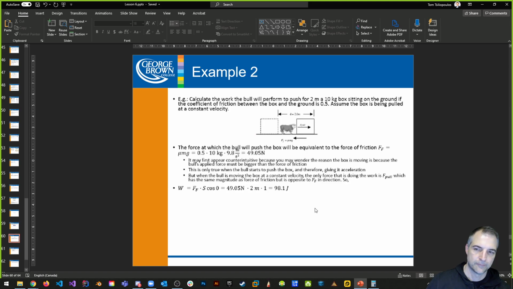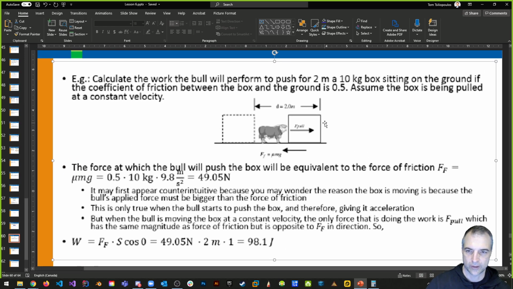Pretty simple. Here's another really bad one, but also one that you might see. Example: calculate the work the bull will perform to push a 10 kilogram box sitting on the ground for 2 meters, if the coefficient of friction between the box and the ground is 0.5. Assume that the box is being pulled at a constant velocity. These are all key points. We've been given a lot of information here, so let's look more closely at this diagram, even if it's poor.